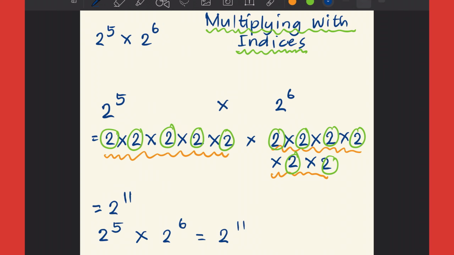So we can see that we simply add the exponents. 5 plus 6 is 11. So we have 2 raised to the power of 11.